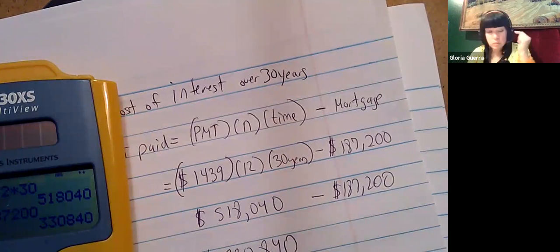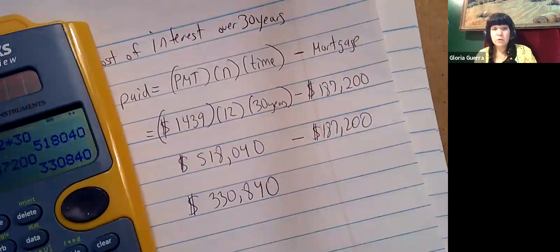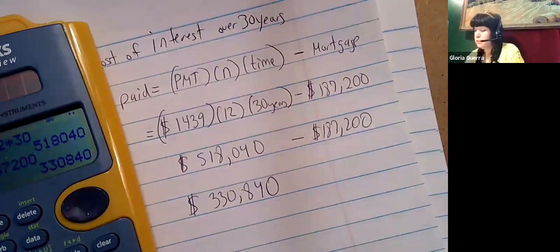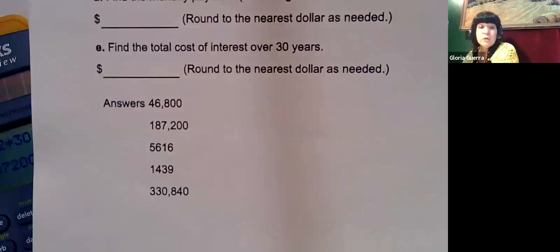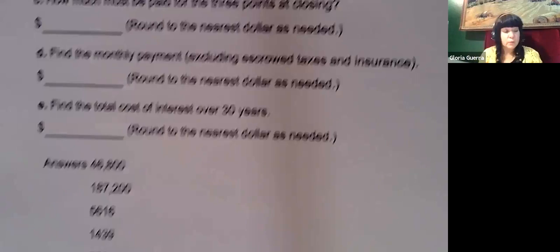So that's showing 330,840. And that's matching that 330,840. Okay.